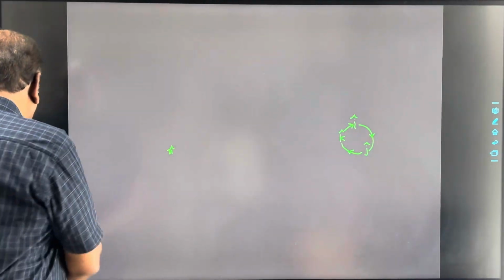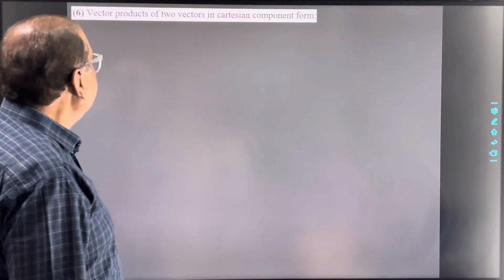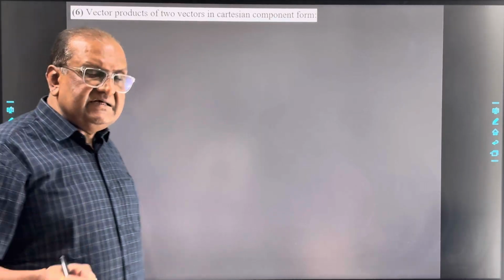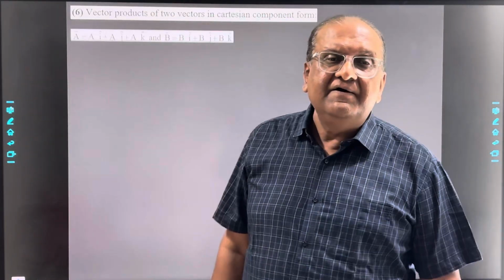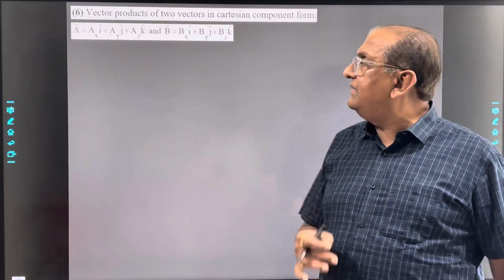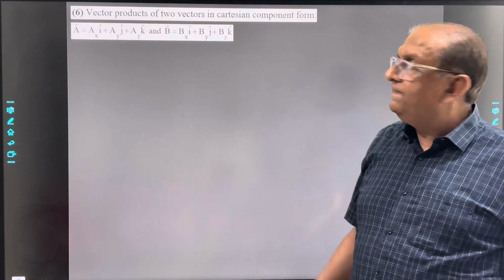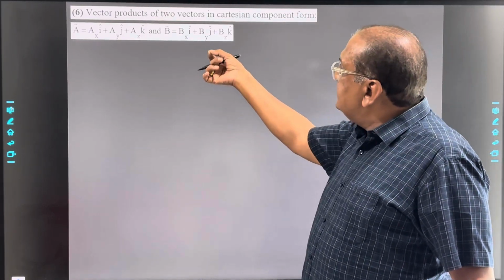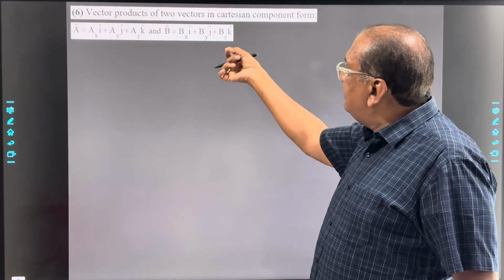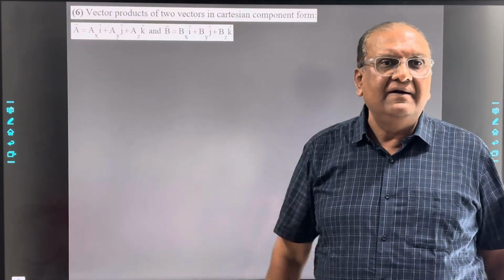Now the vector product between vectors in the Cartesian component form. Okay, so in Cartesian component form we write vector A equal to a_x i caret plus a_y j caret plus a_z k caret, and vector B equal to b_x i caret plus b_y j caret plus b_z k caret.